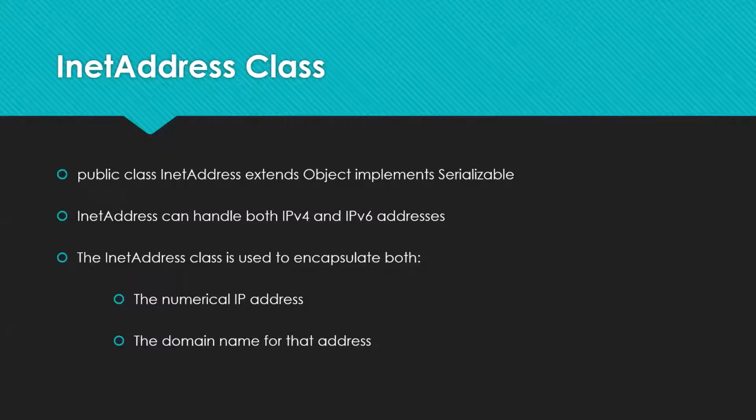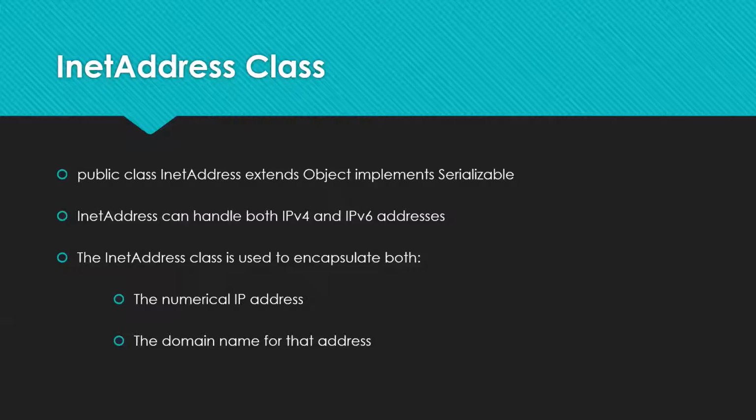The InetAddress class is used to encapsulate two things. One is the numerical IP address and another is the domain name. Let me explain. As you know, every resource, every server, every website has some numerical IP address. So the InetAddress class represents that numerical IP address, as well as every resource on the internet has some host name or domain name associated with it.